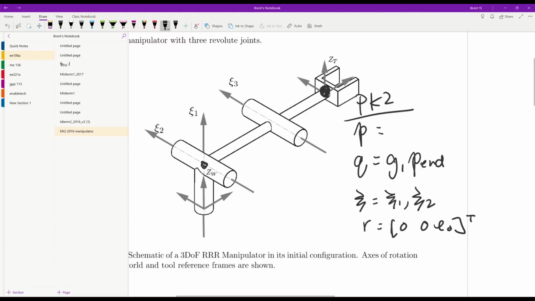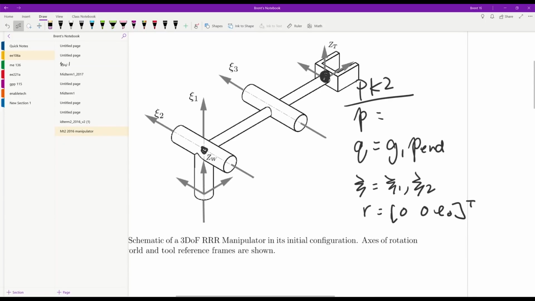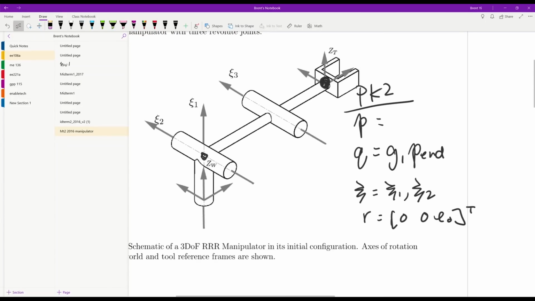Finally, for P, this guy should be basically the end effector position, but with theta 3 applied, because we know theta 3. So this should be e to the power of twist 3 hat theta 3, so both of these are known, multiplied by P end.